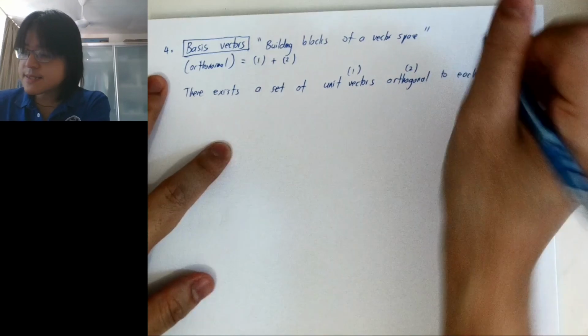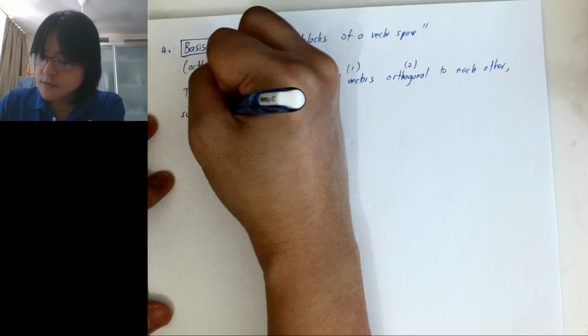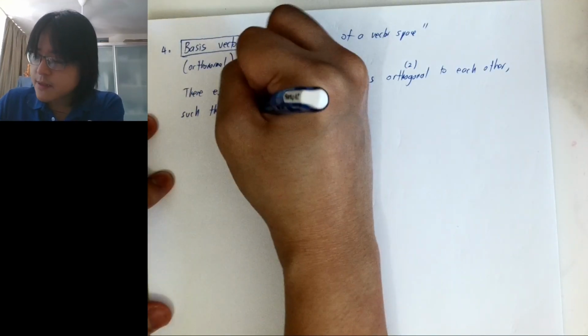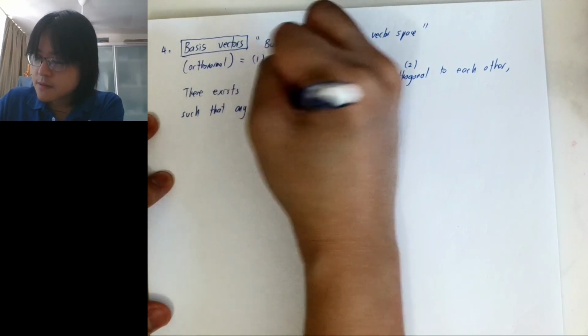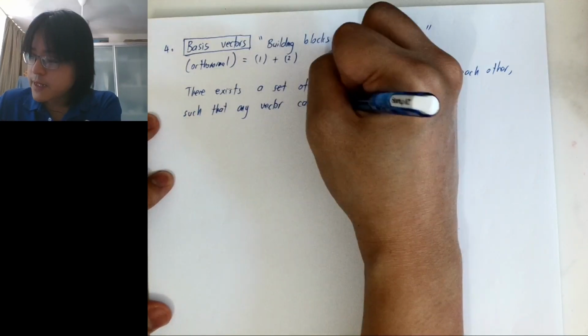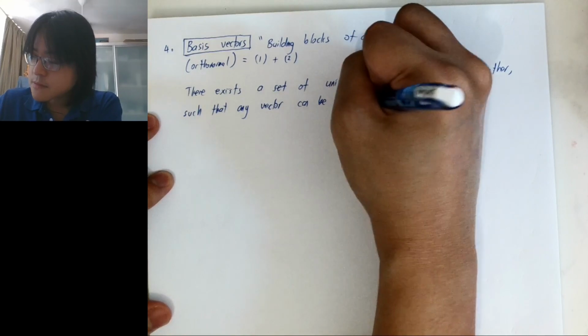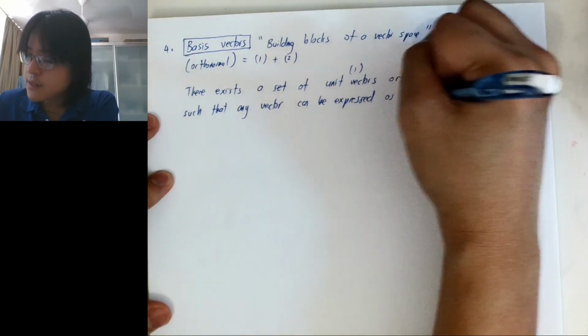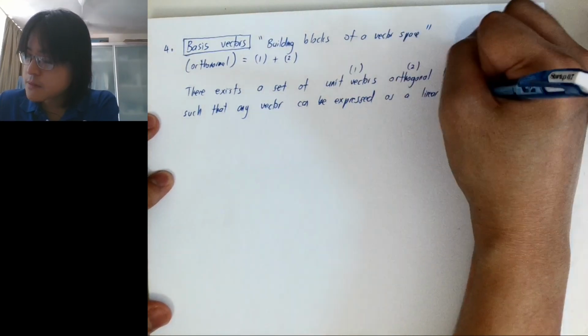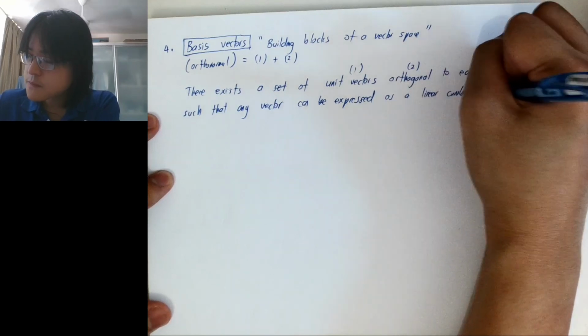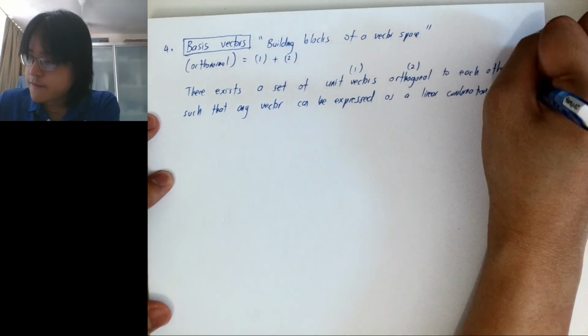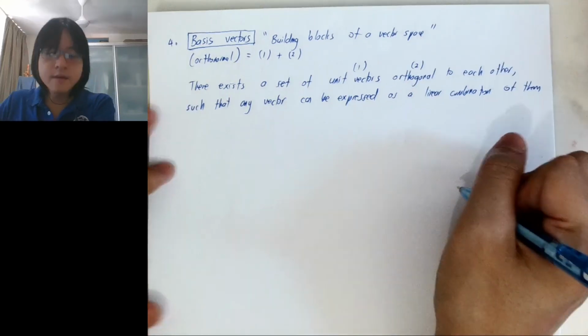Such that any vector can be expressed as a linear combination of them.